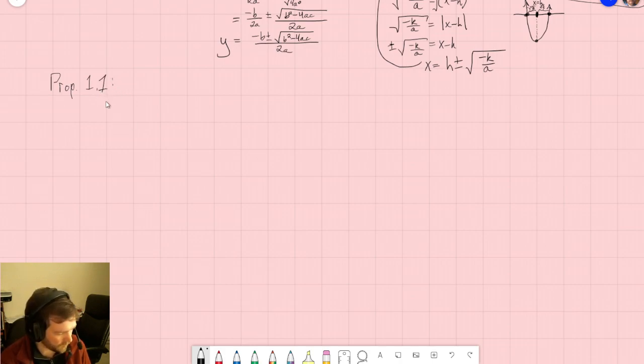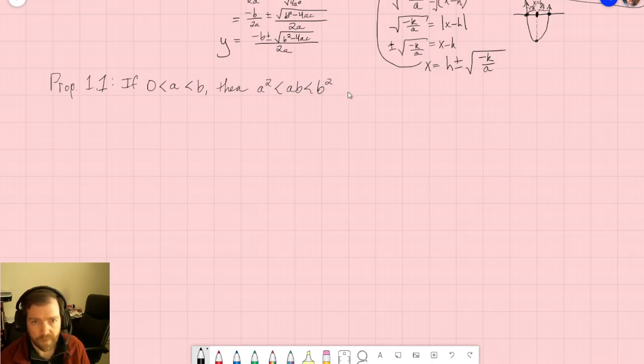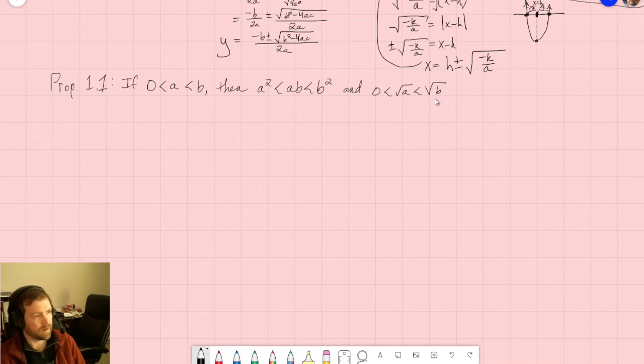All right, so proposition 1.1. If we've got 0 less than A less than B, then A squared is less than AB is less than B squared. Fun times. And 0 is less than root A is less than root B. All right. So this should not be a difficult problem, and I'm trying not to look at the answer here.